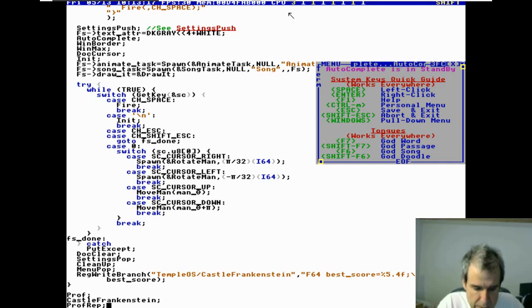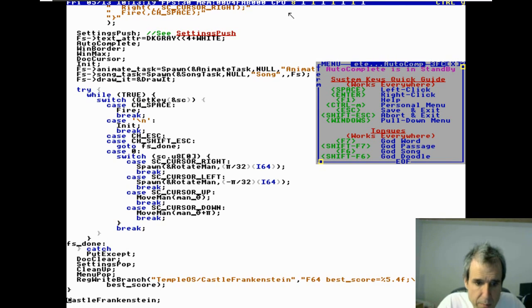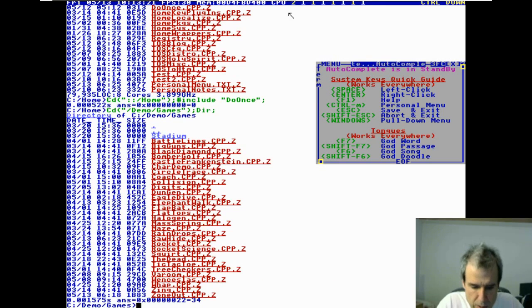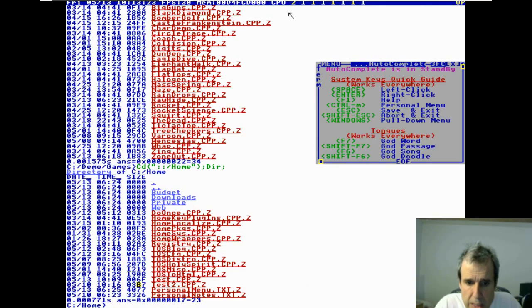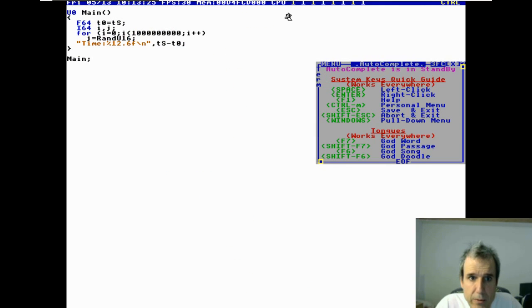Carmack had a fast random number generator that you want to see, a Carmack random number.